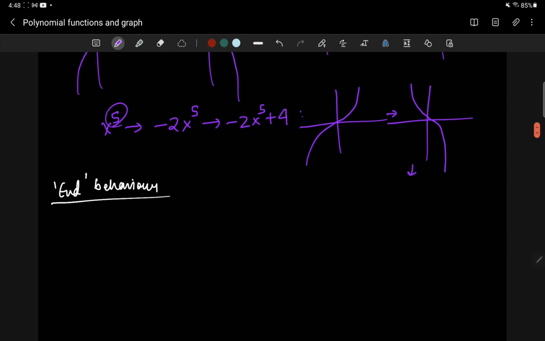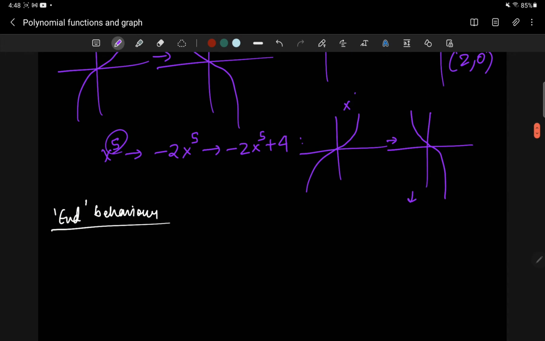And then finally, that's x to the 5, negative 2x to the 5. Adding 4 means I raise it up by 4 units. So I'm no longer crossing over at 0, I'm crossing over at some other place. Right? The output is 4. So now it looks something like that.